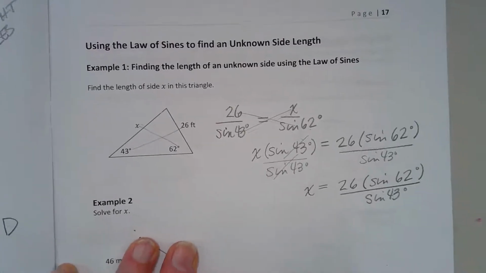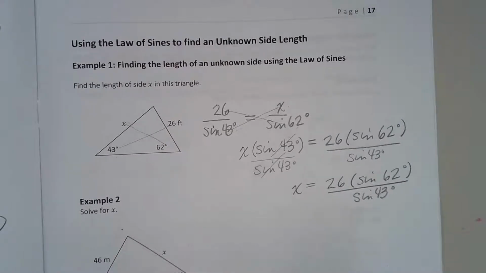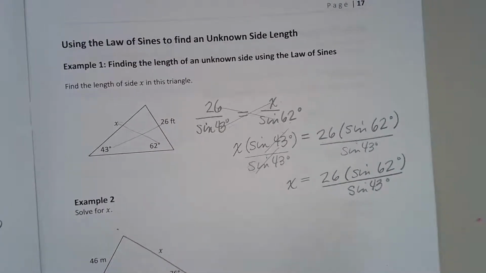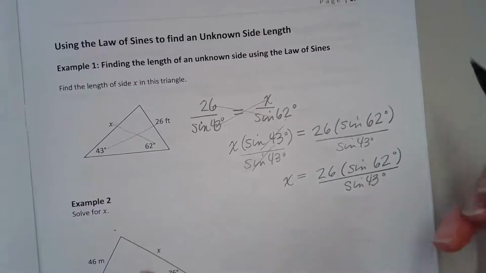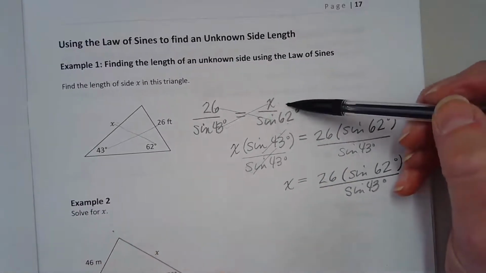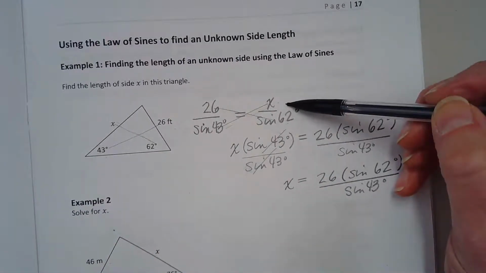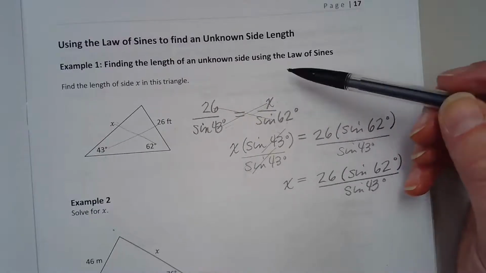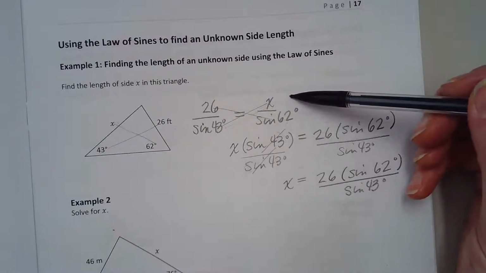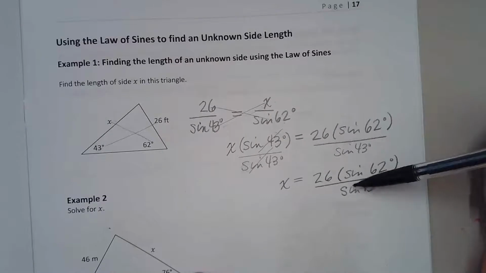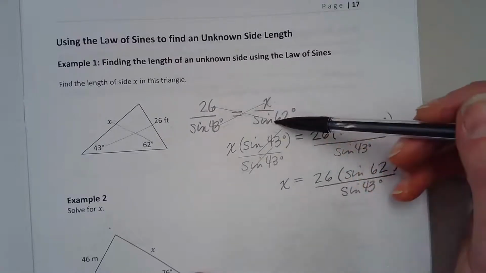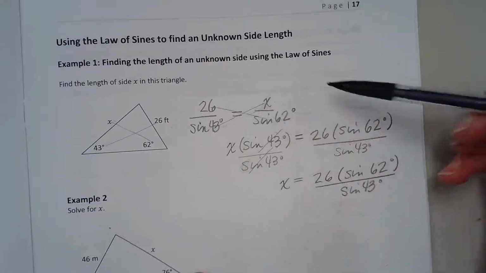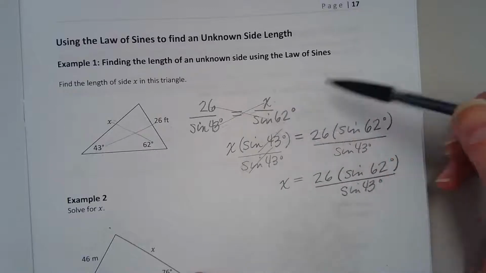Okay, let's stop and just summarize what we've done. After I do my initial setup, if I look from this first step to the last step, the only difference is, so I know these two multiplied equal these two, right? But if I want to know my unknown, this is the shortcut.